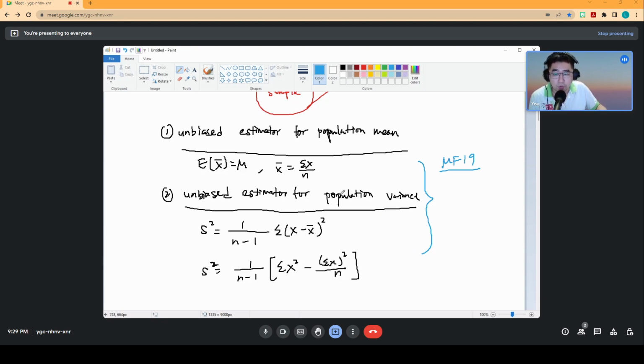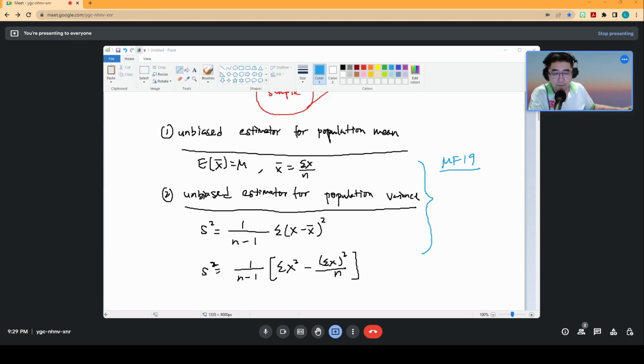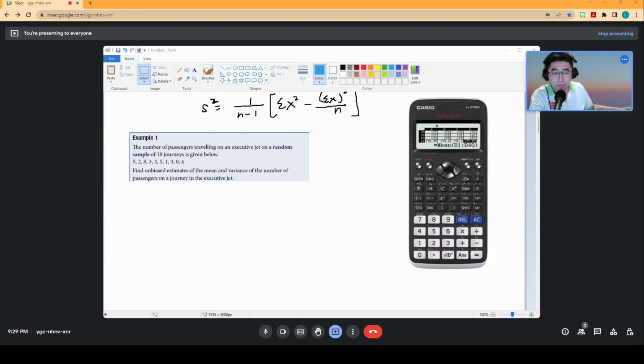But what you need to do for now is understand how to use the formula. Let's look at our calculator as well.